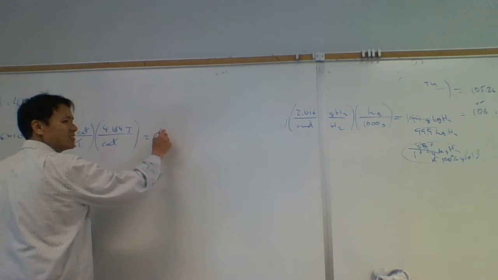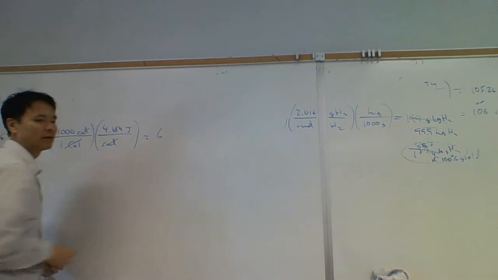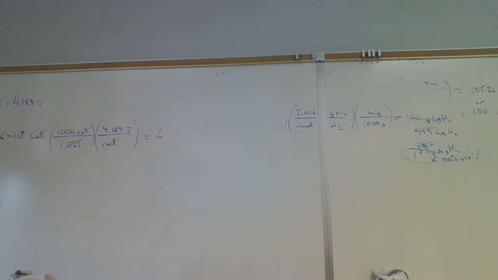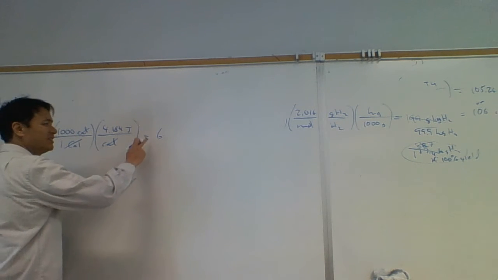6.7 times 10 squared is about 670. Actually, I'm going to do the calculation. I don't like the rounding here, so we'll go 160 times 1,000 times 4.184. Do you see what they're doing here?